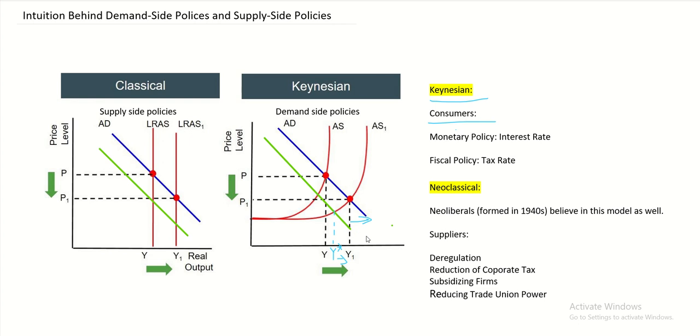You can also notice that the unemployment rate is reduced here, because Keynesian economists believe that increasing output means a reduction of the unemployment rate as well. So that's basically what they believe.